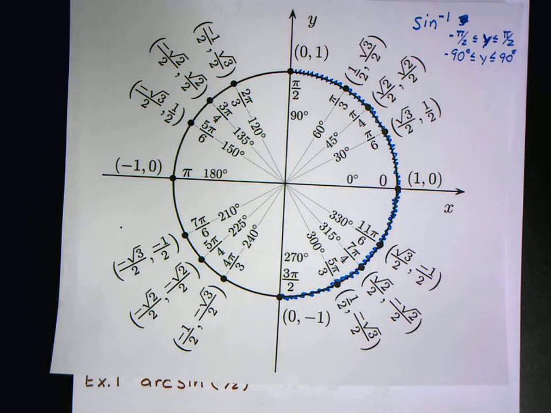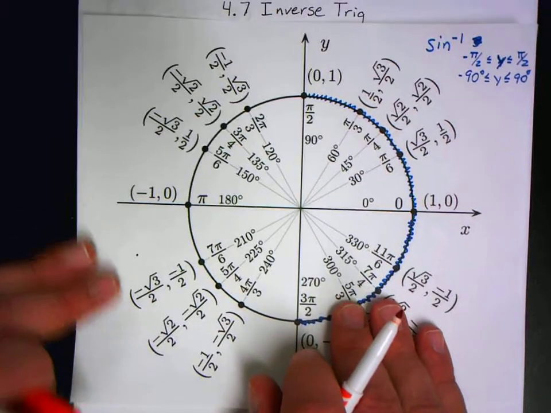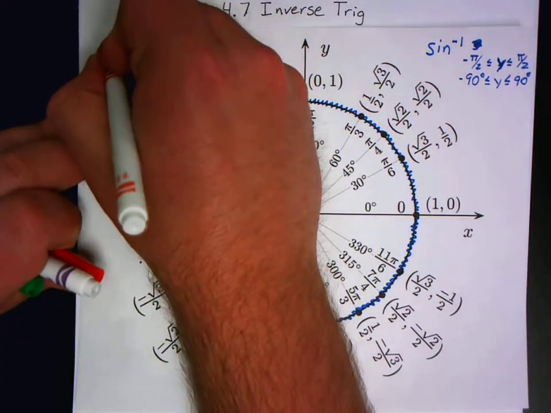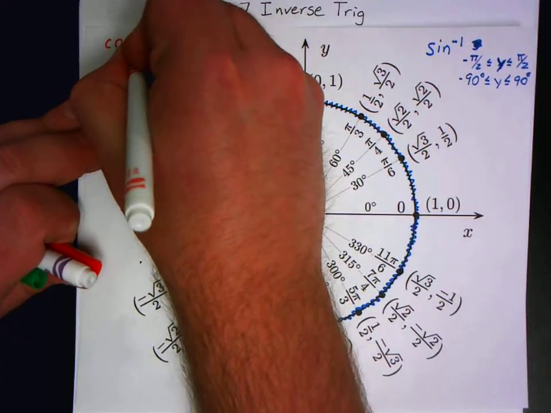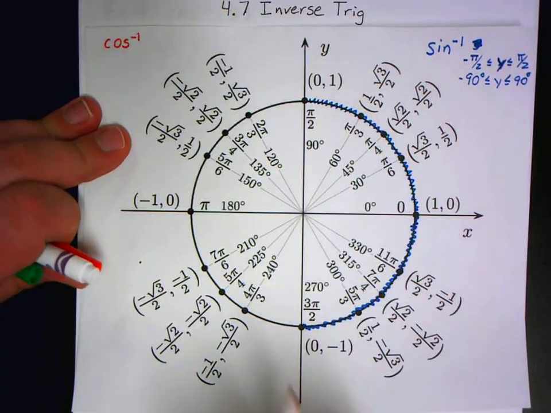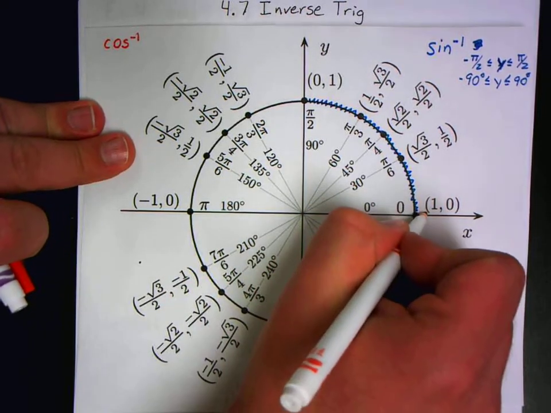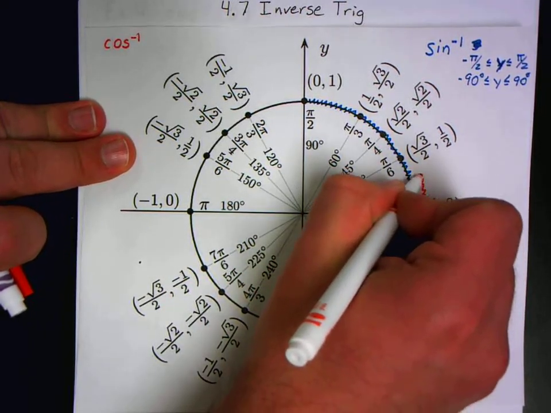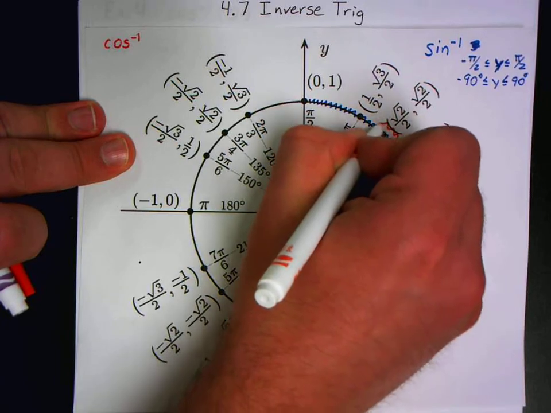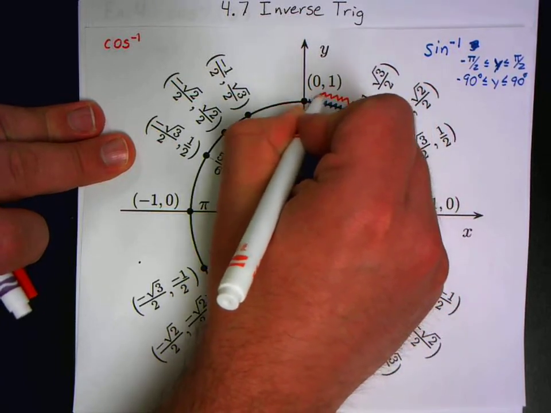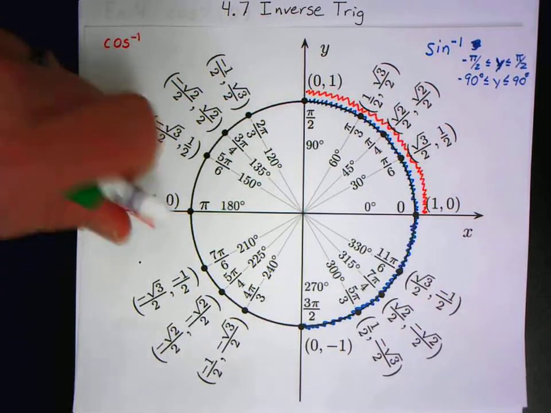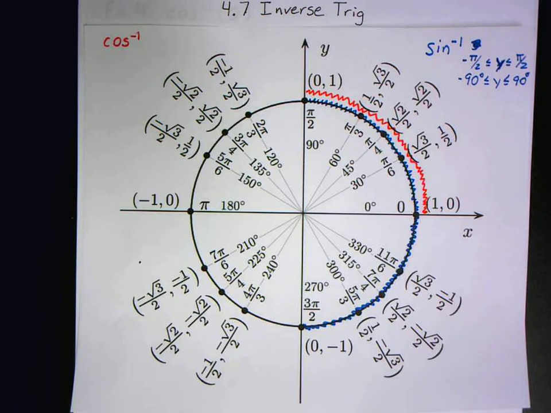Okay, so tangent. Let me do tangent, or not tangent, but cosine. Let me do cosine in another color. So again, cosine, I want the first quadrant. Now, it'd be nice if we could just define everything between negative pi over 2 and pi over 2.